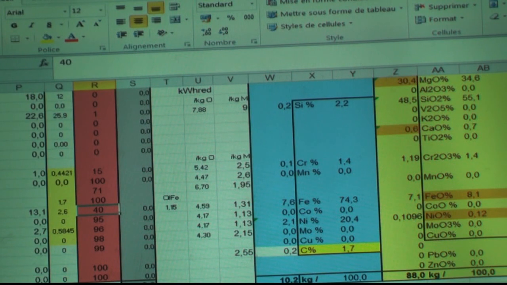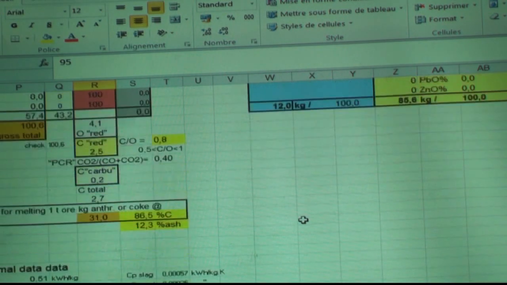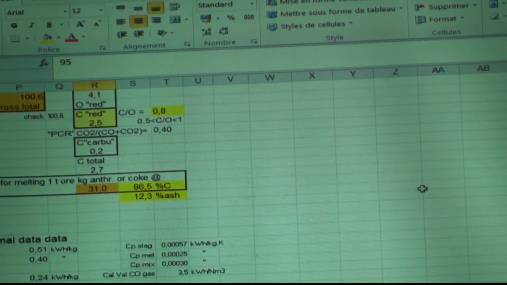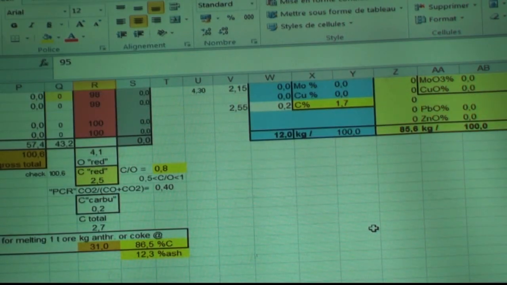Now if I put more carbon, meaning increase the yield, I have less nickel, and of course I have more carbon. In practice, the operator does not say, I set a yield.